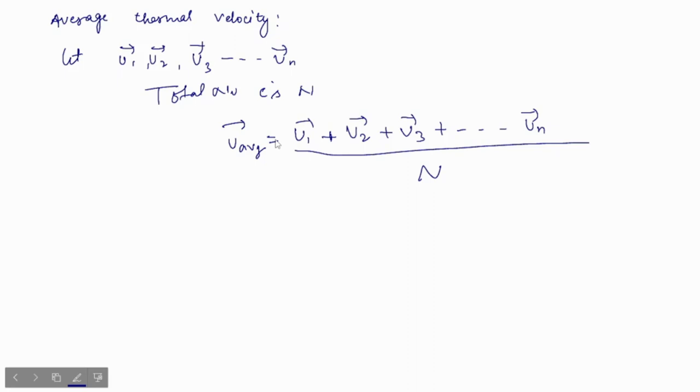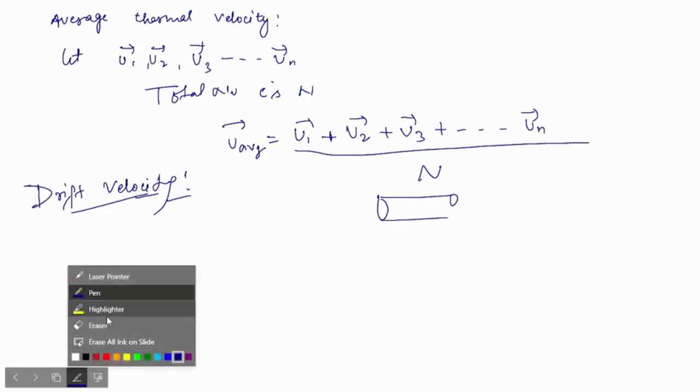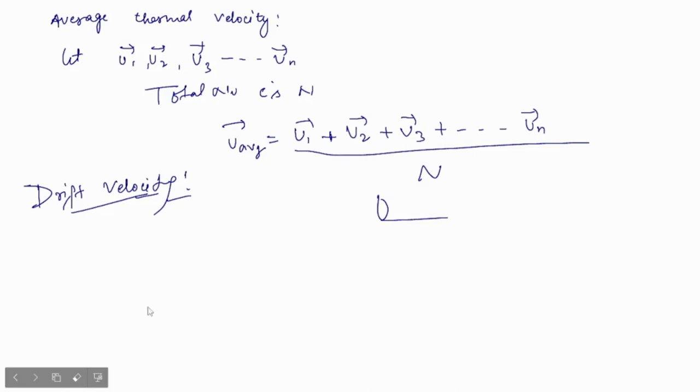The next type of velocity that comes is drift velocity. Now, for defining drift velocity, see, when we connect the ends of a metallic conductor to a battery, an electric field is produced at every point of the wire.